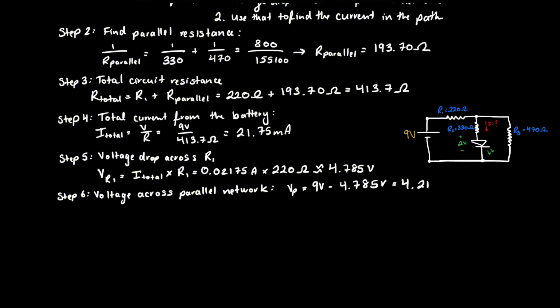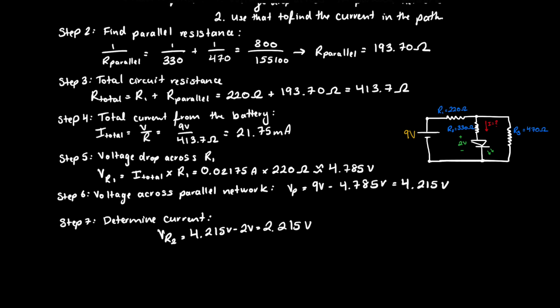Now, let's focus on the path with the LED and R2. We're told the LED drops 2 volts when conducting. Since the total voltage across the path is 4.215 volts, that means the rest of the voltage must drop across R2. So, V sub R2 equals 4.215 minus the 2 volts from the LED, equaling 2.215 volts.